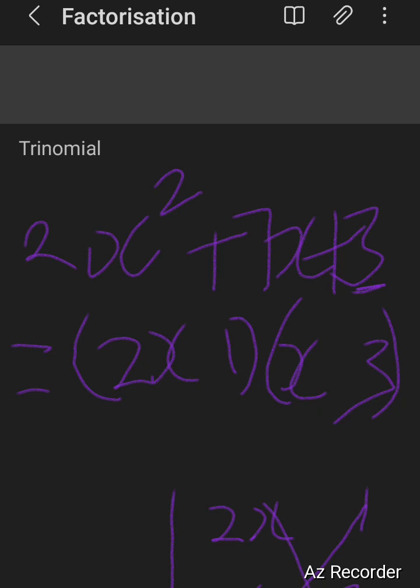So both of them will have the same sign. So it will be 2x plus 1 and x plus 3. This will be very useful, guys. Hope you've gained a valuable lesson, and see you in the next video, where we are going to work with factorization by grouping.